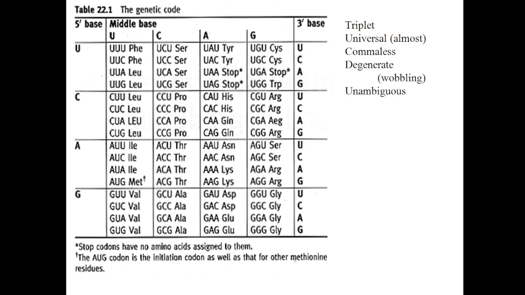Really, 64 variants are possible, and 61 triplets code amino acids. It leads to a so-called degenerate code, when usually more than one triplet codes one amino acid.